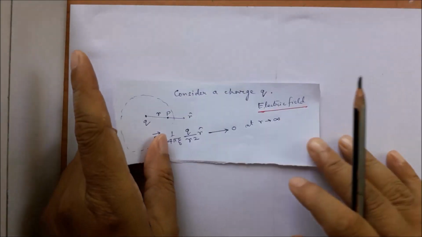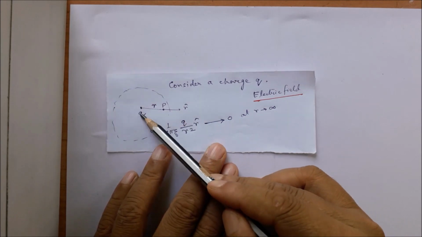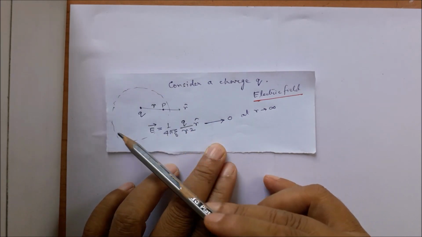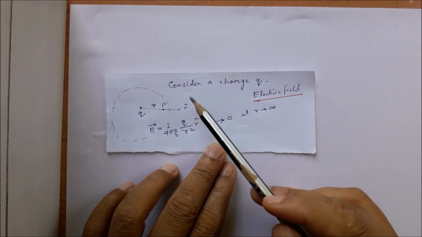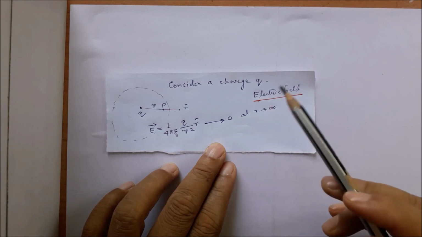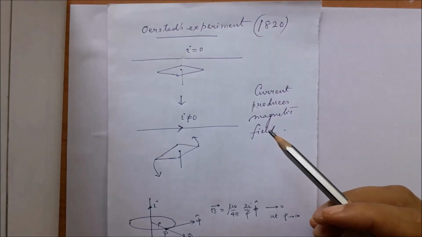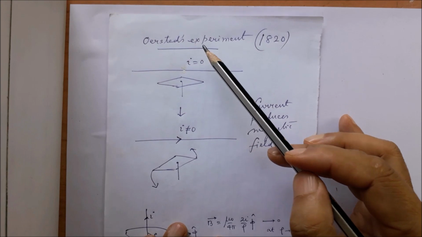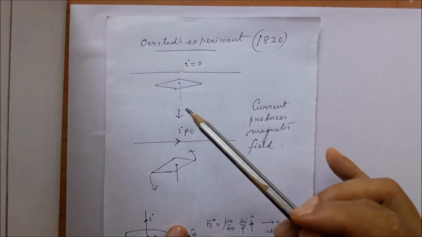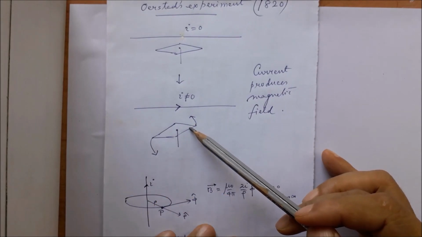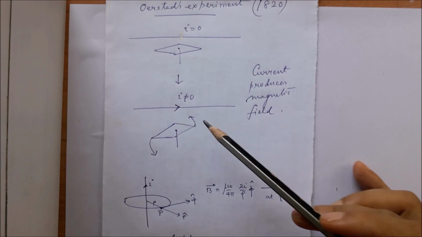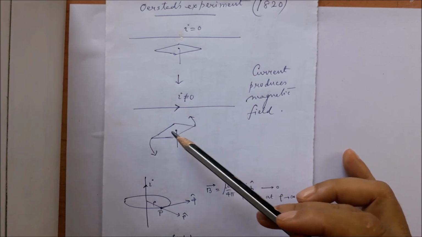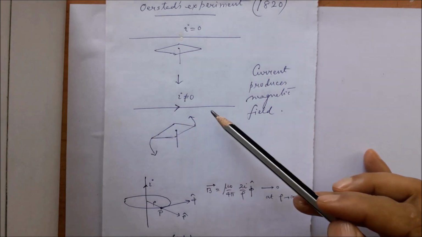Let us consider a charge q, and its influence extends up to infinity, as we know that Coulomb's law is of infinite range. Consider a current carrying wire and the famous Ørsted's experiment performed in 1820, in which the influence of some field called the magnetic field was clearly evident through a deflection of the magnetic needle when current was sent.